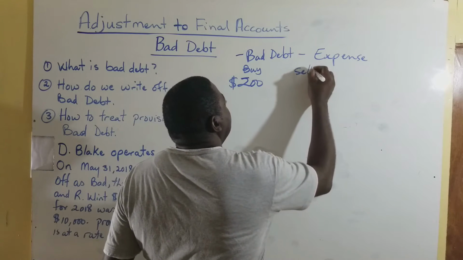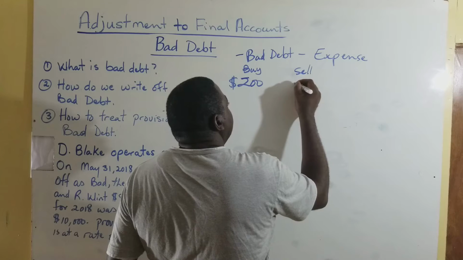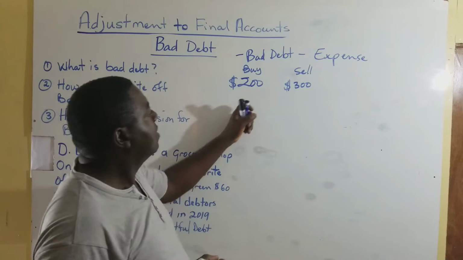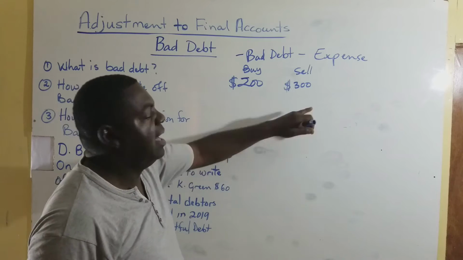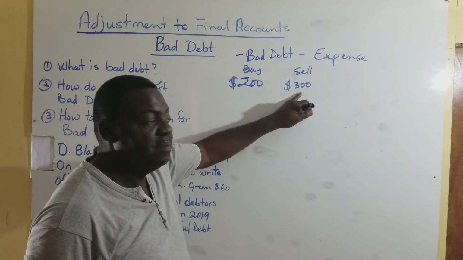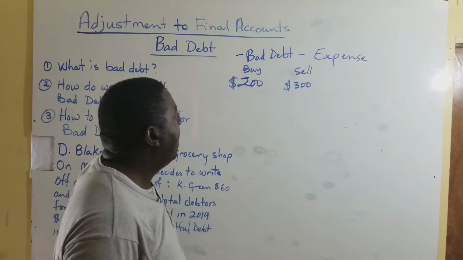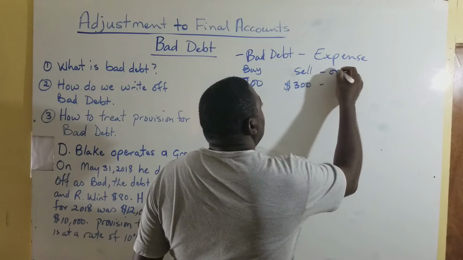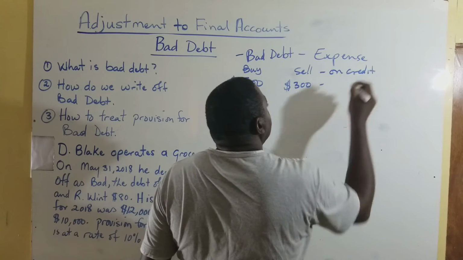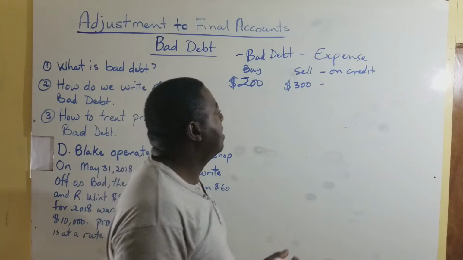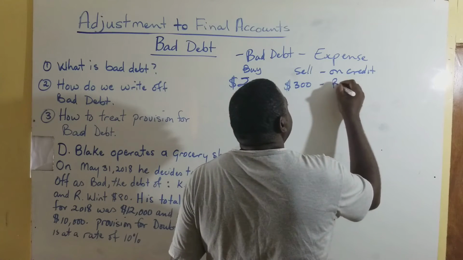So we're selling it for $300. Now, what happens is that when we have sold these goods for $300 to the person, and we sold it on credit, we can't collect it. And because we can't collect it now, we write it off as being bad.